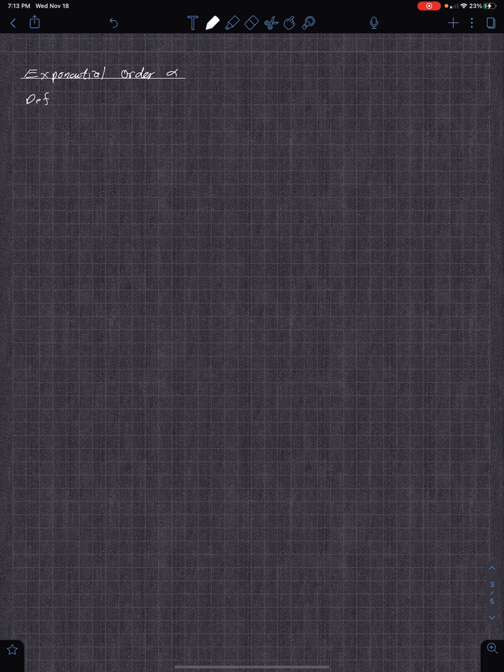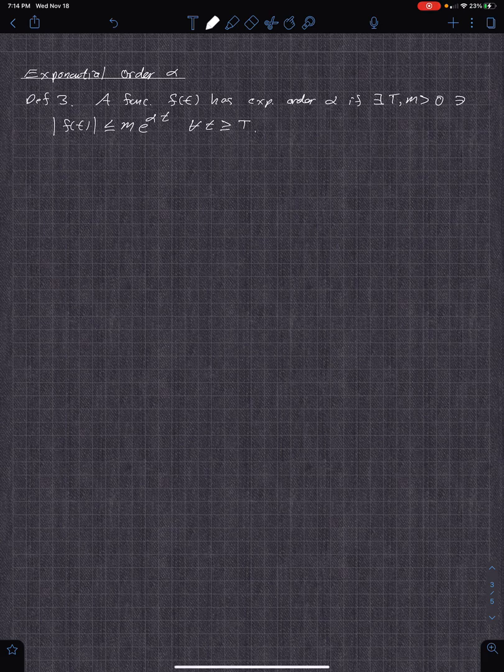So definition 3 is this. It says a function f of t has exponential order alpha if there exist T and M greater than 0 such that the absolute value of f of t is less than or equal to M e to the alpha t for all t greater than or equal to capital T. So in other words, eventually the function is less than the exponential.